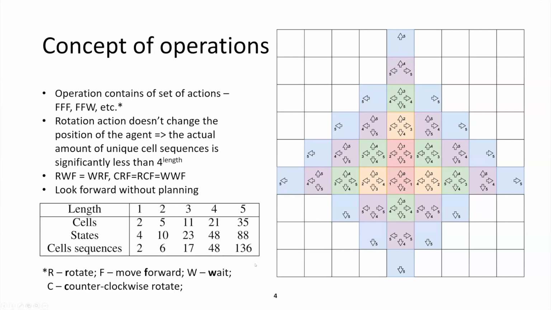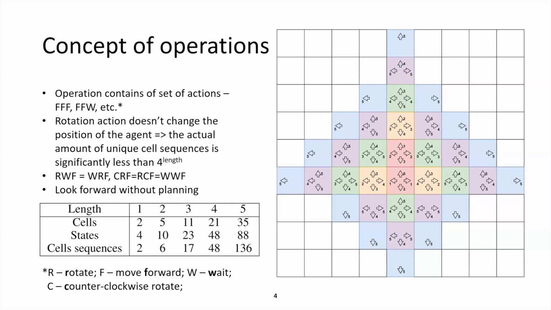And the presence of rotation actions actually reduces the number of cell sequences. So we don't need to consider 4 to the power of length possible cell sequences. Instead, we can discard most of them because many actions result in the same positions over time.